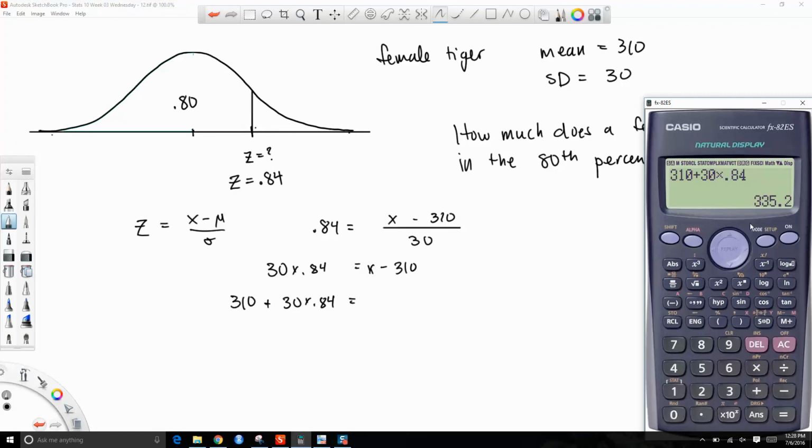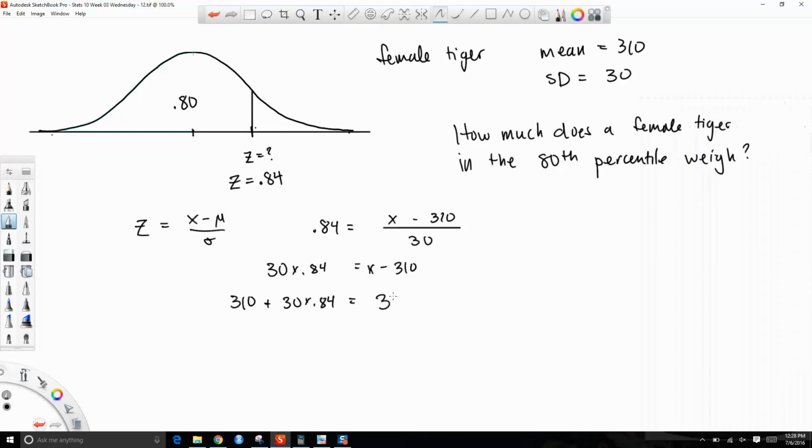I got 335.2. So how much does a female tiger in the 80th percentile weigh? 335.2 pounds.